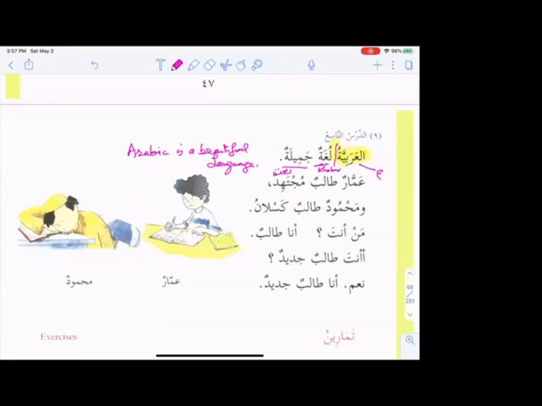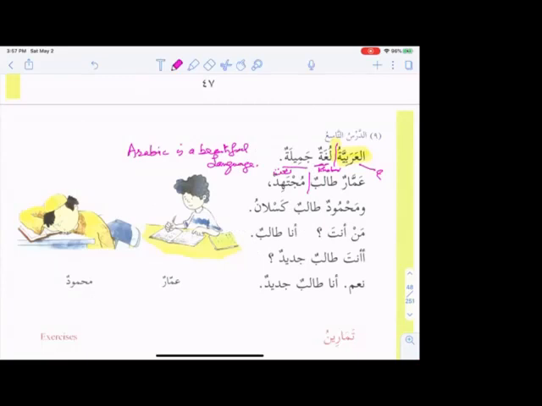Ammarun. Okay, Ammar. What's the news about Ammar? Ammaru talibun mujtahidun. What is this mujtahidun? Hardworking. Ammarun is a hardworking student. So Ammar, mubtada, talibun, khabar, and mujtahidun, naat. Mahmudun.